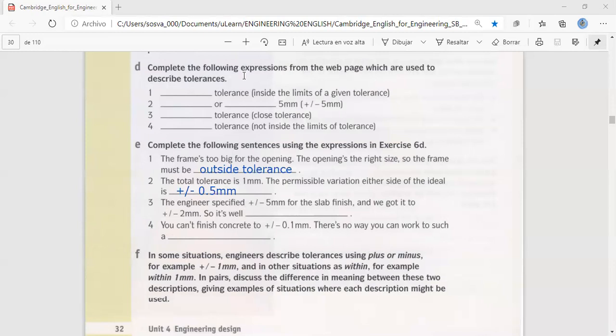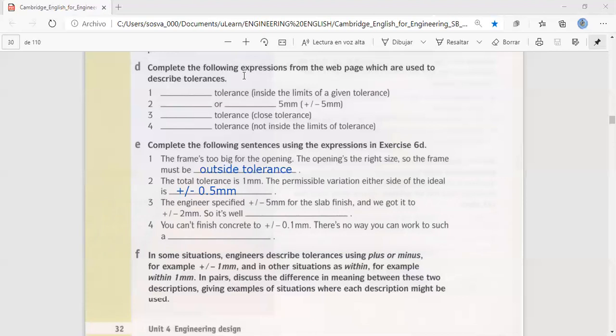The third one, could you please read it? Okay, 3. The engineer specified plus or minus 5 millimeters for the slab finish, and we got it to plus or minus 2 millimeters. So it's well, which of the concepts?